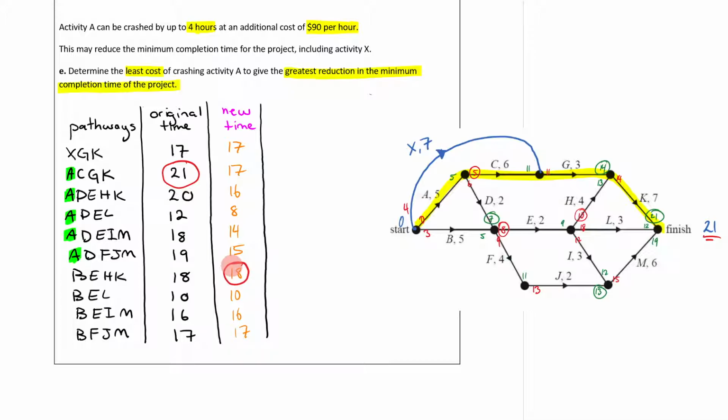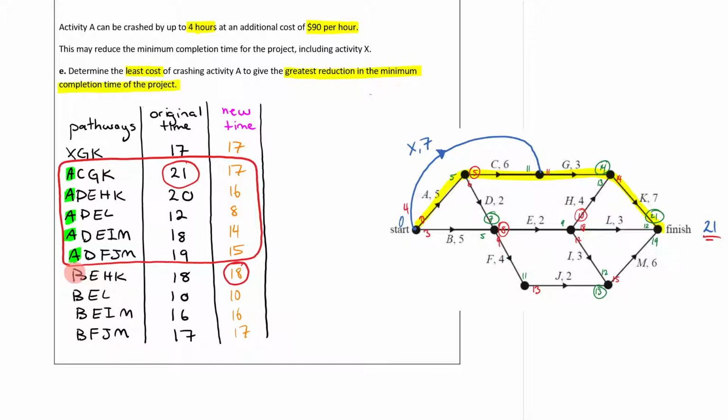Now, this is where you have to have your wits about you. This is the important thing. Do you notice how we didn't make any reductions to this pathway at all, but now it is my new critical path. It's the new 18 here. So what you really want to do here is focus on the ones that you've reduced. These are the ones that I've reduced.